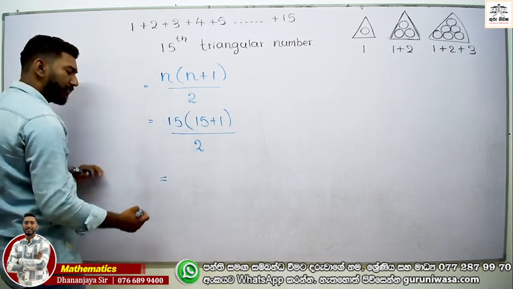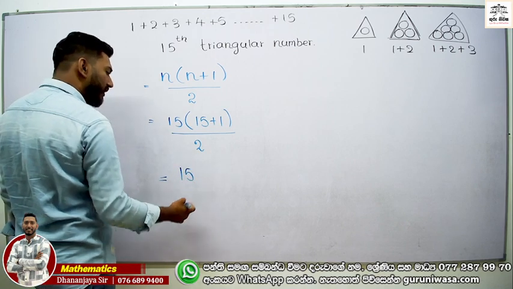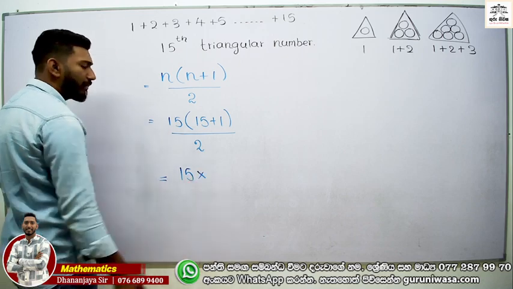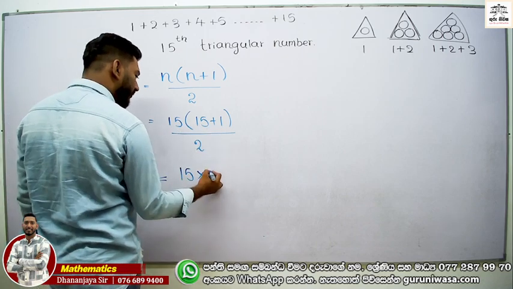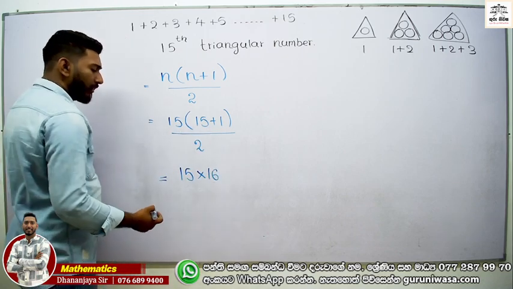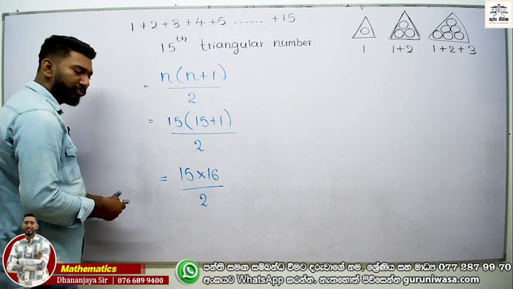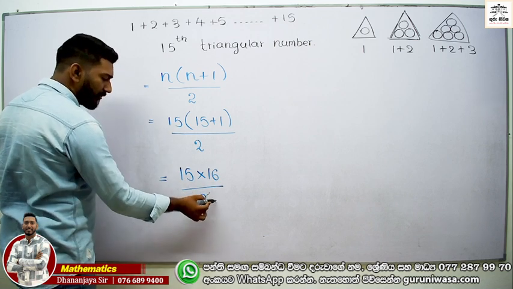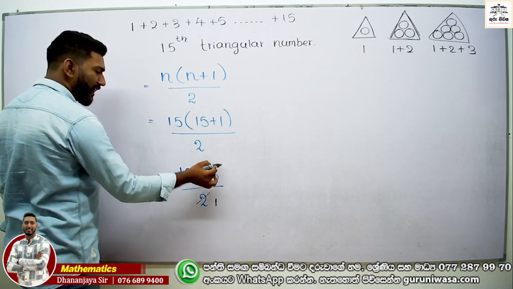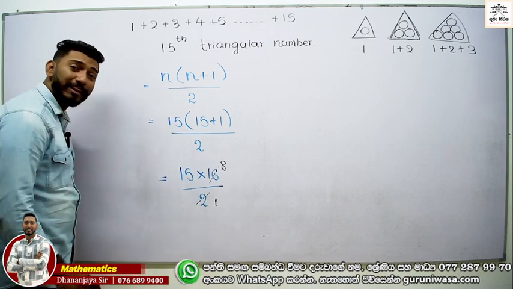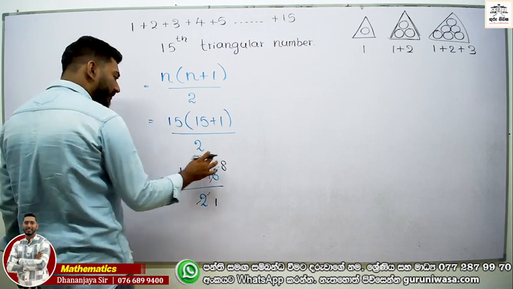Again, you can simplify inside of the brackets. Now 15 multiplied by 15 plus 1, which is 16, divided by 2. Now look at the up and down. You can simplify. 2 times 1 and 2 times 8. Now 15 times 8.